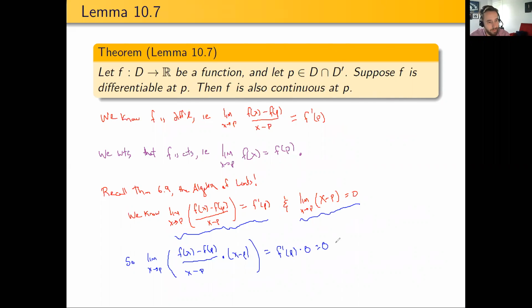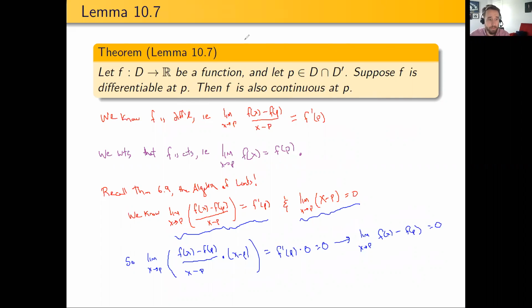And so therefore, that's going to tell us that the limit as x goes to p, and now we can do some algebra inside the parentheses, that x minus p can cancel with that x minus p. So we get the limit as x goes to p of f of x minus f of p is equal to 0.